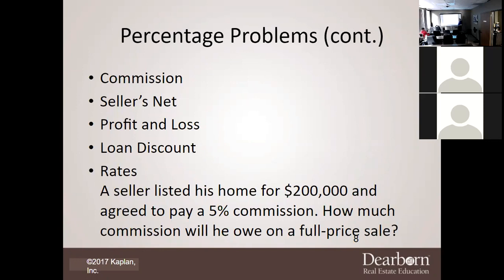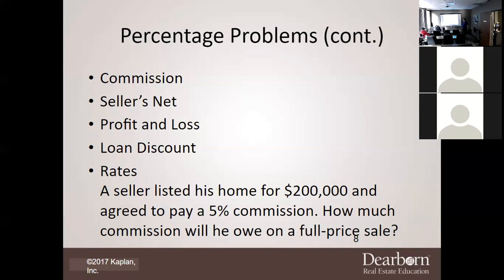And one of my agents always tells her sellers that, on average, closing everything is approximately 8% of your purchase price, or the sale price. So if you sell your house for $100,000, 8% is going to closing costs. So for every 100,000, you're spending 8,000 in closing. Okay.